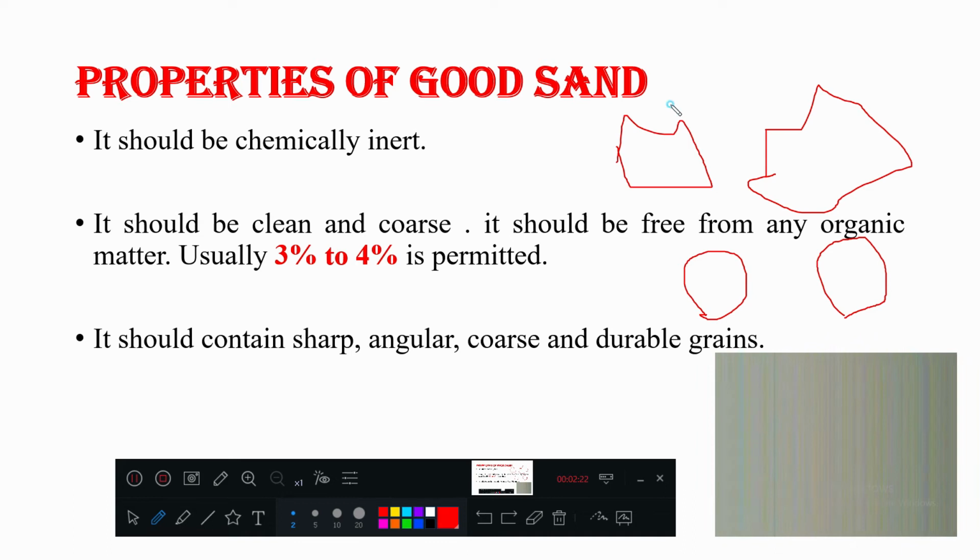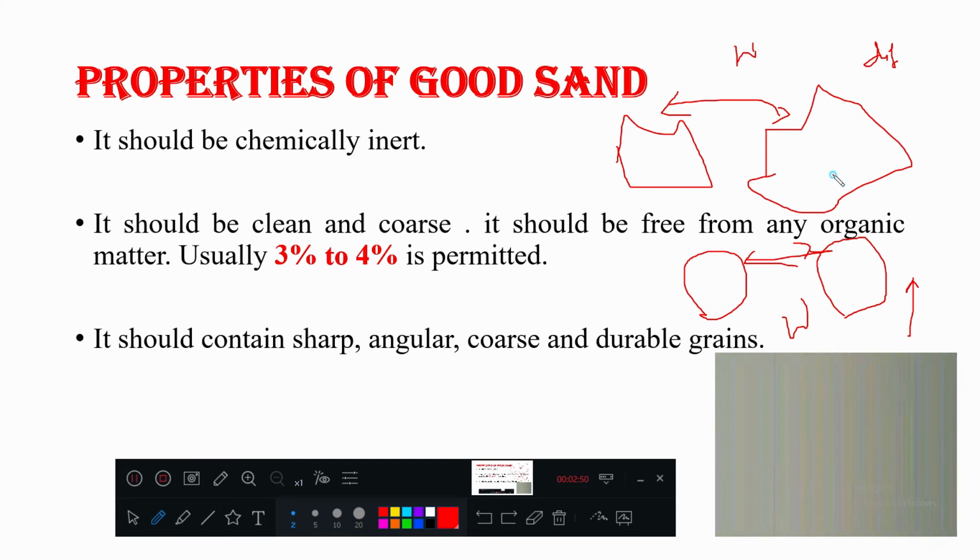Sharp means bonding is good, but workability, meaning how easily you mix and place, is going to be difficult. Here bonding will be less, particle to particle, but workability is more, means you can mix, place, and compact the concrete very easily.